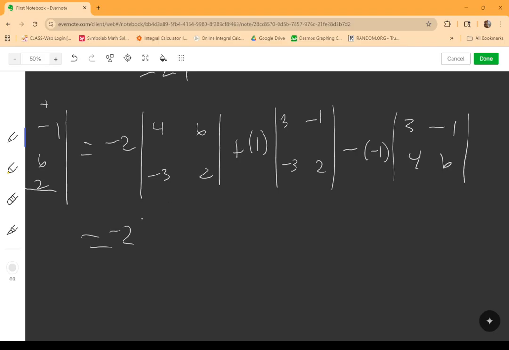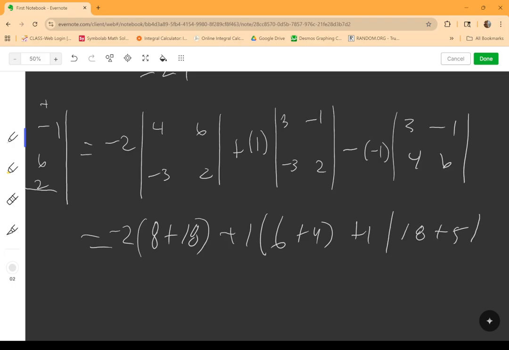Once it's 2 by 2, then it's just right across here, 8 plus 18 plus 1, 6 plus 4, and then plus 1. We got 18 plus 5. So here we get -2, 26, plus 10, plus 23. So we get 33.